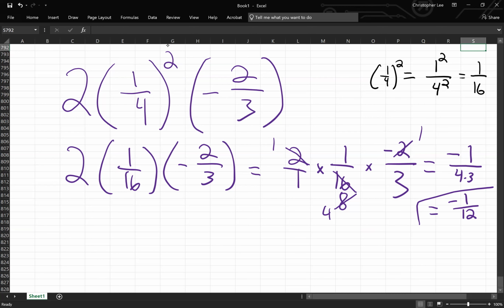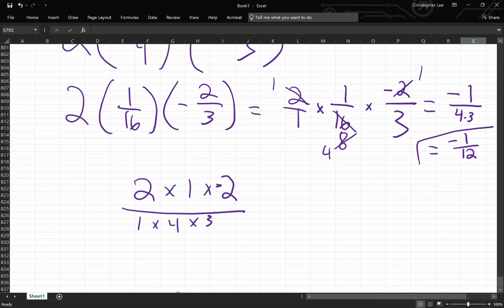So it's 2 times 1 times negative 2 over 1 times 16 times 3. So the 2 can reduce the 16 on the bottom. 2 goes into 2 once and 2 goes into 16 8 times.